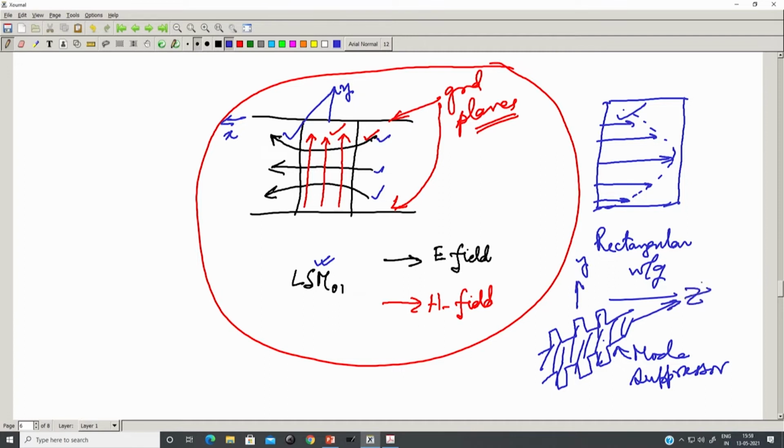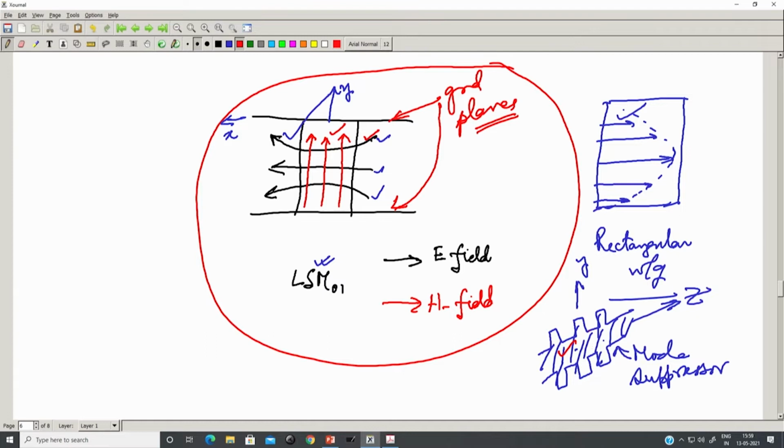Okay. So, if I insert this kind of a structure on the YZ plane, you appreciate that the magnetic field, which is along the YZ plane because it is the LSM01, is tangential to this ground plane, and therefore, currents are going to be induced on this surface, and that is going to increase the loss. In fact, we also have to see what the polarization of such currents is and how they interfere with the mode propagation.